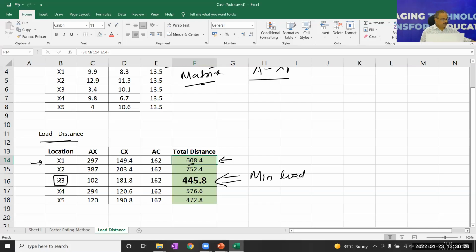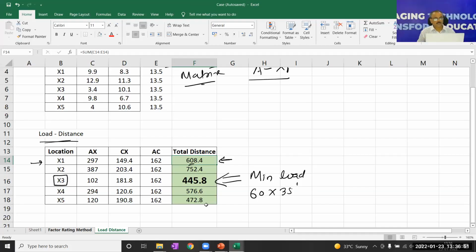What is the size of that location? It is 60 by 35 feet. So based on the load distance method, you can select the location X3.